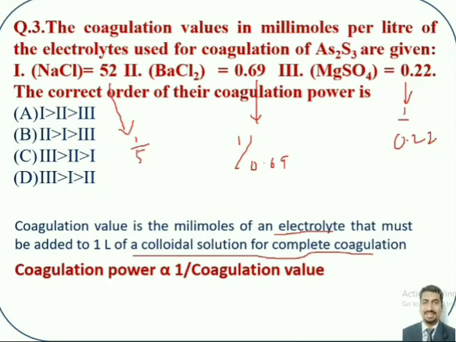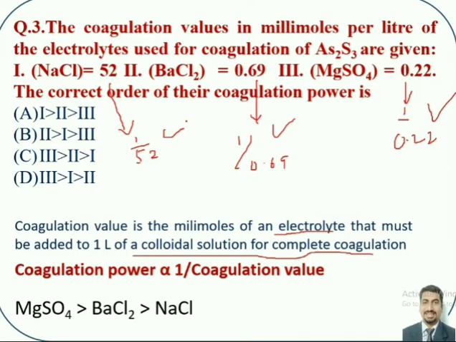So which order is correct? This will definitely be higher. Next is this. Next is this. The answer is magnesium sulfate. The coagulation power is greater than BaCl2 than NaCl. In this order, the answer is C. See, this is the answer.